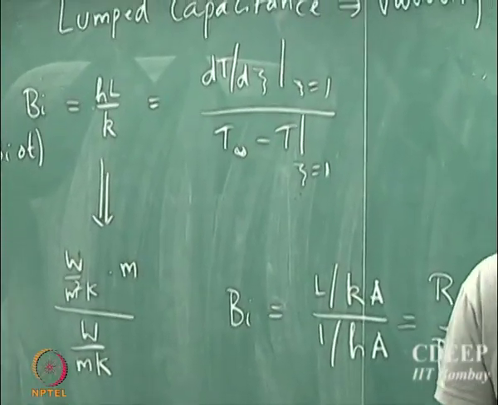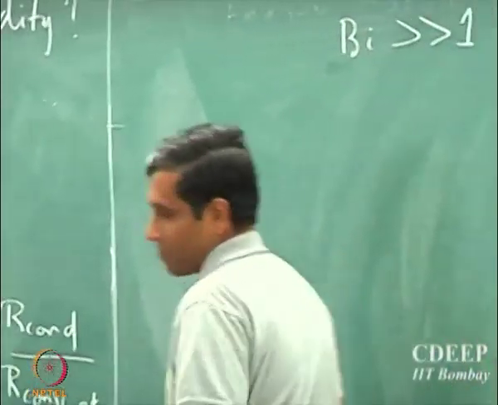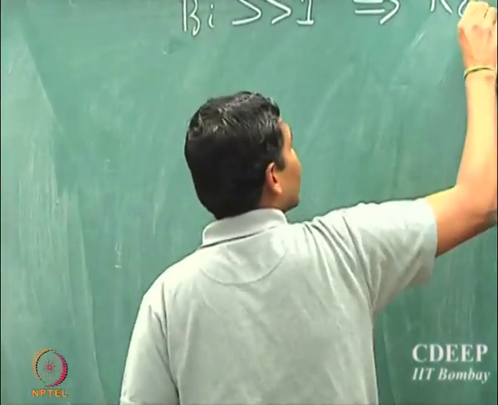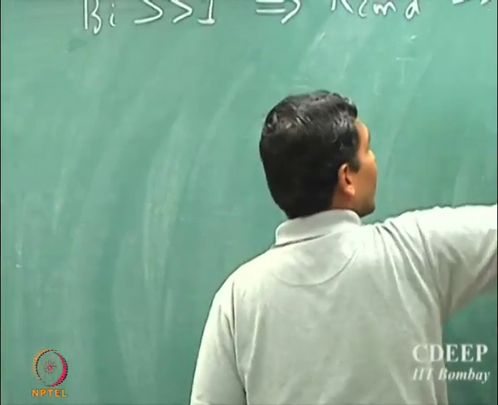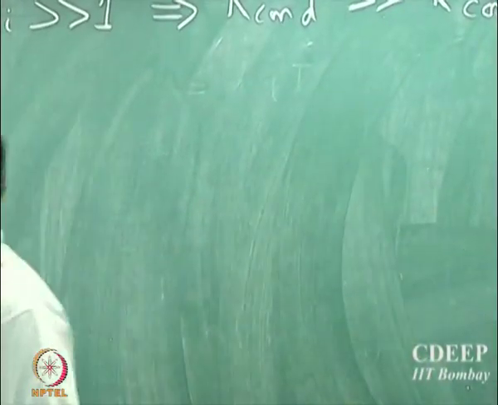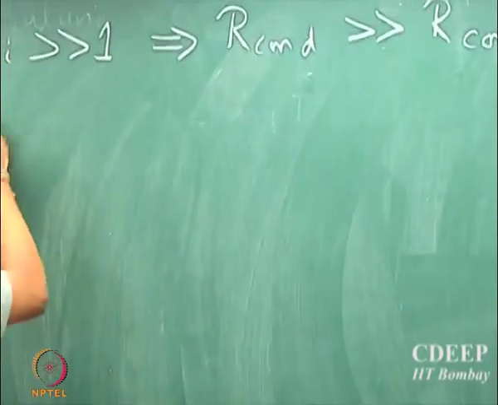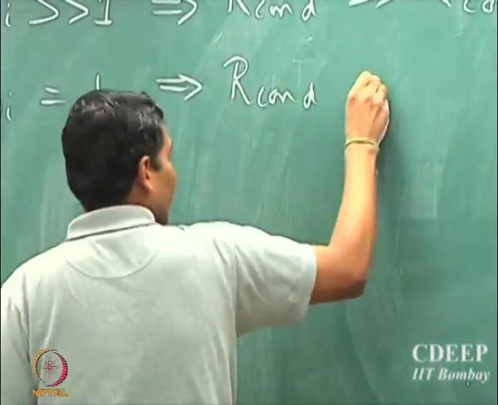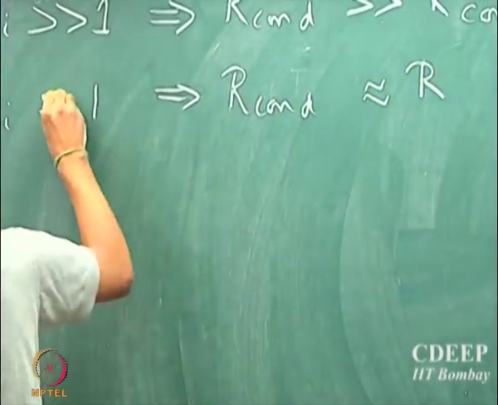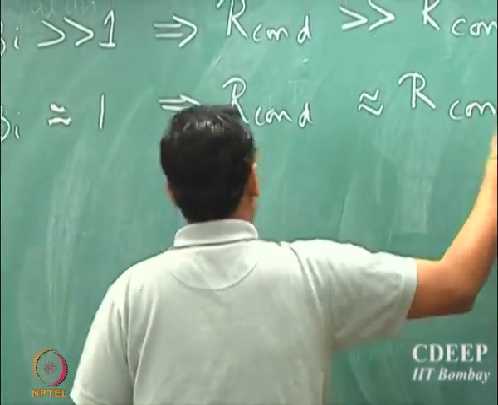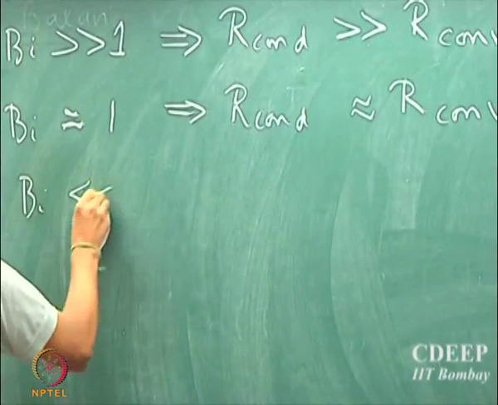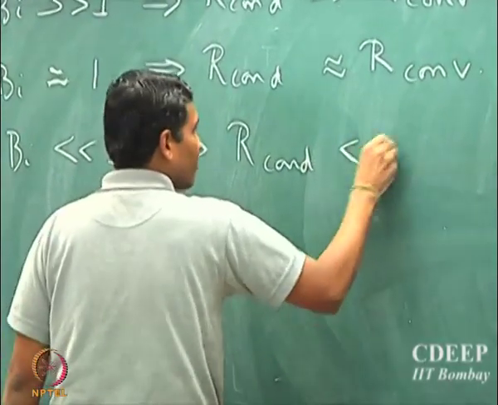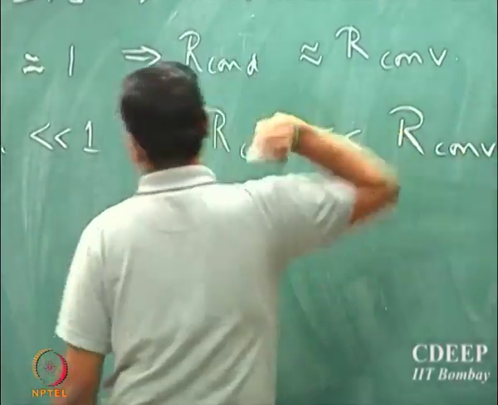What happens when Biot number is much larger than 1? Which means that resistance to conduction is much larger than resistance to convection, right, at the boundary. Okay. When Biot number is equal to 1, the resistance to conduction is almost equal to convection, and if Biot number is much smaller than 1, then you will have resistance to conduction much smaller than resistance to convection.